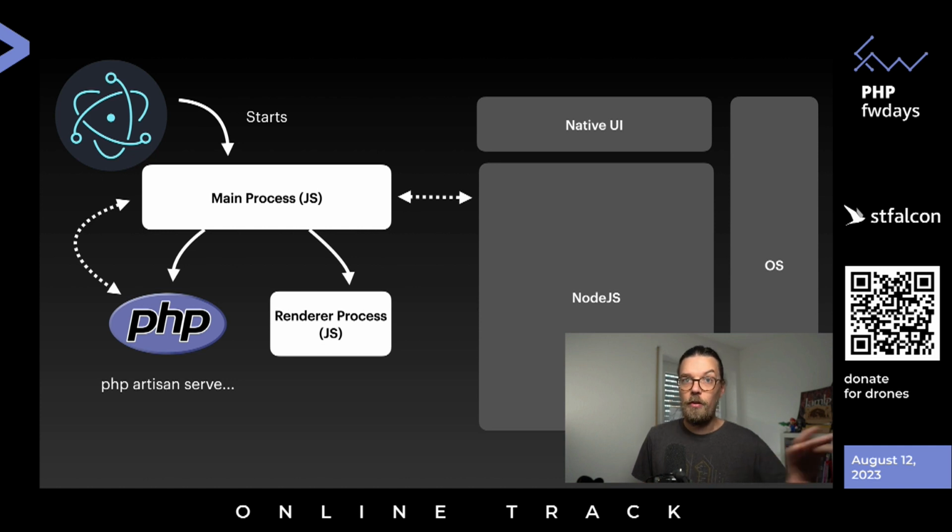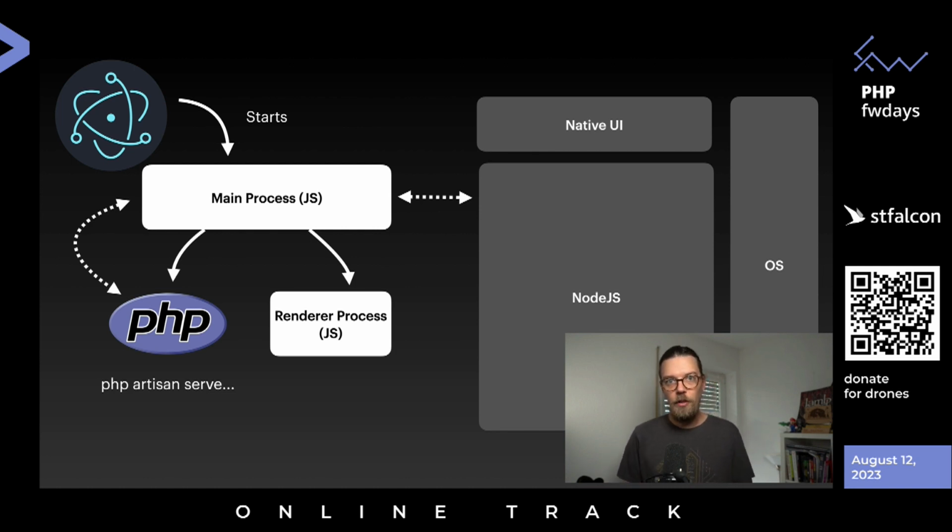First of all, it's going to start a PHP process, and this PHP process basically runs php artisan serve, like the built-in PHP web server. Now we have PHP serving a local PHP codebase on a web server that we can access, and our renderer process can simply use this locally served PHP app and display it.